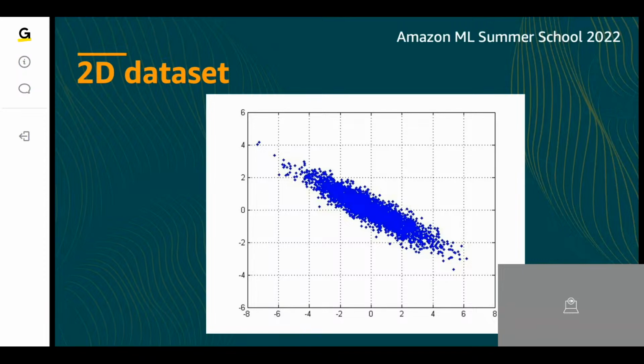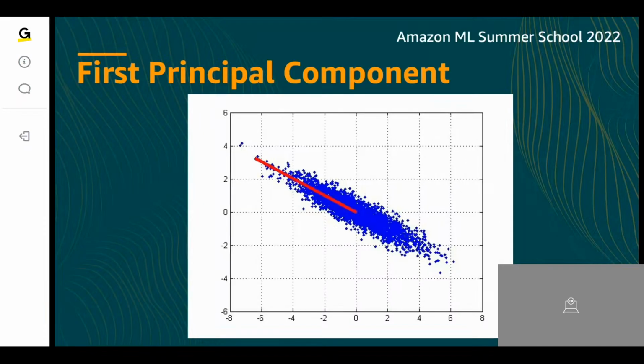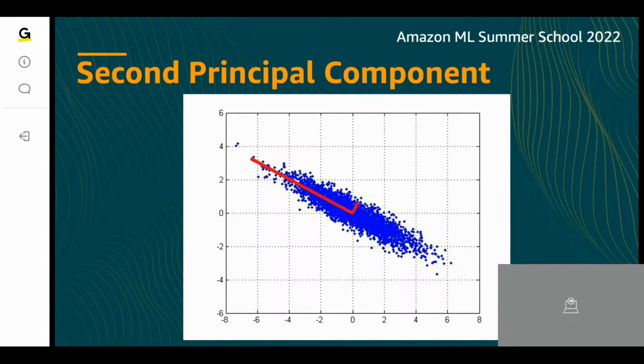Diagrammatically, this is how it looks. So in case you had this particular point cloud, your principal eigenvector would be the one pointing in a direction along the maximum variation. That's the direction of your principal component as well for PCA. Similar to the eigenvector analysis, the next eigenvector is orthogonal to your first eigenvector, and similarly in PCA the same thing takes place.